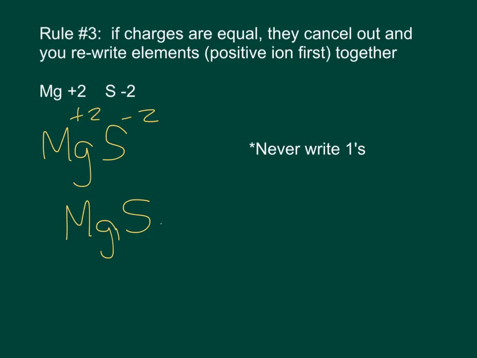I'm not going to put a 1 and a 1 here. 1 is redundant. If we didn't have at least 1 magnesium, we wouldn't write Mg. So we're never going to write ones. We're just going to write MgS. So if they cancel, no matter what the charge, whether it's plus 1, minus 1, or plus 3, minus 3, if they're the same, they cancel, and you just rewrite the symbols plain, all by themselves.